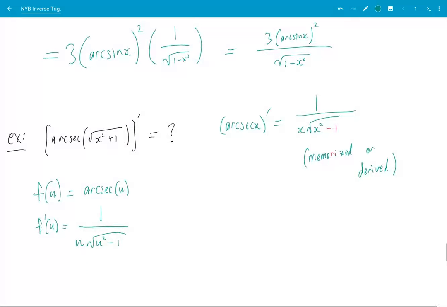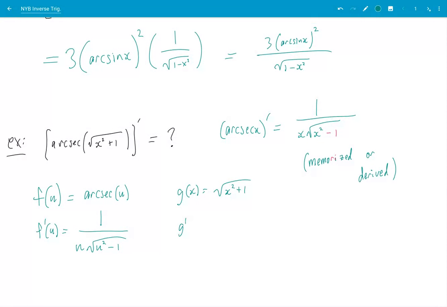There's my f of u, and then g of x is the square root expression, and I'll need g prime of x, which is x over root x squared plus 1. To find g prime, I did chain rule.